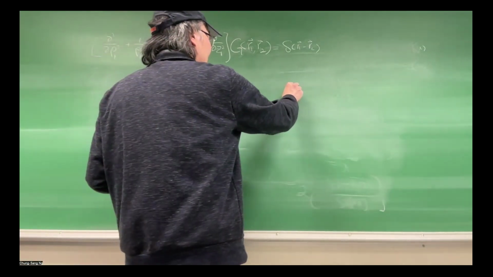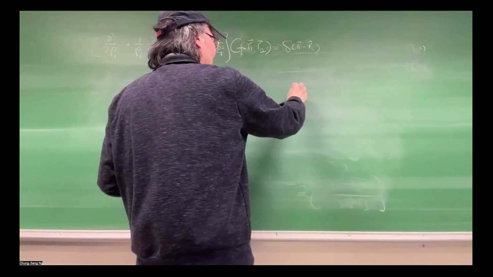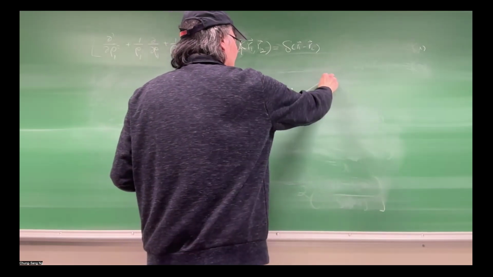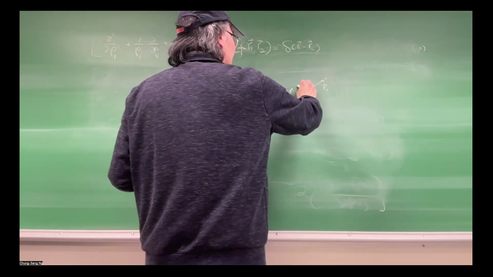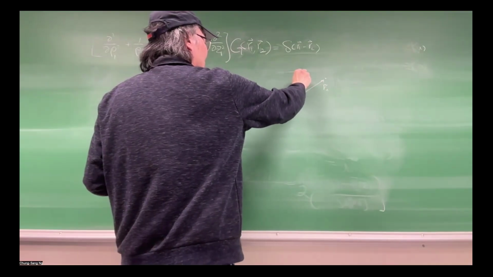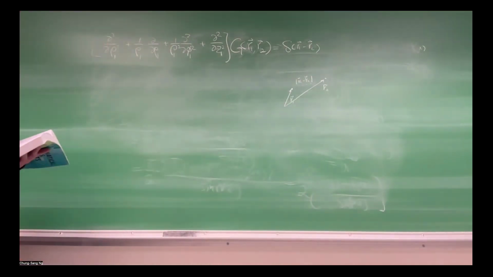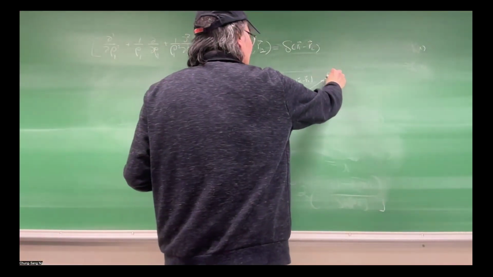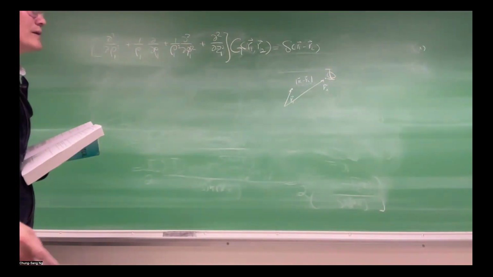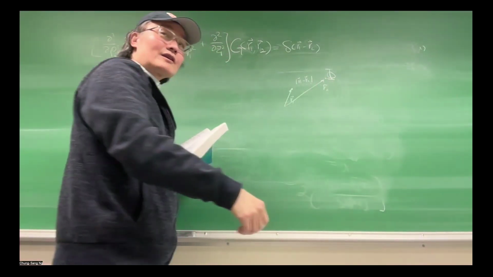For those of you taking E&M, if you have a point charge at R sub 1 and you want to find the potential at R sub 2, the distance between them is the absolute value of R sub 1 minus R sub 2, and the potential is of the same form as the Green function for this case.